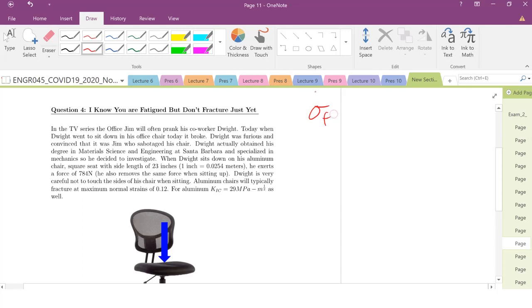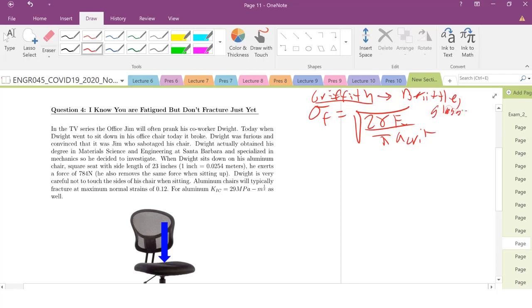We have our Griffith, where stress at fracture is equal to the square root of 2 gamma E divided by pi a. Griffith is for very brittle fracture, so for glasses, those types of materials.